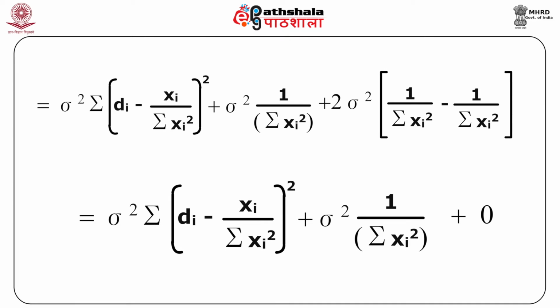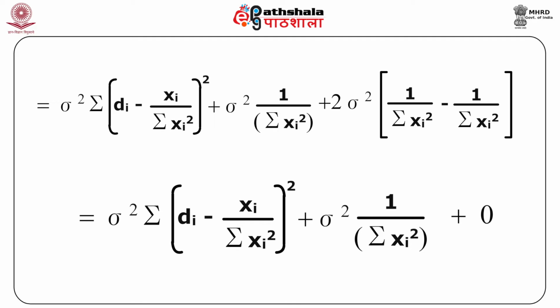This is equal to sigma square summation (di minus xi divided by summation xi square) whole square plus sigma square into 1 upon summation xi square, plus 2 sigma square brackets 1 upon sigma summation xi square minus 1 upon summation xi square.